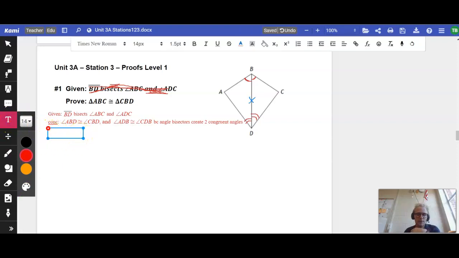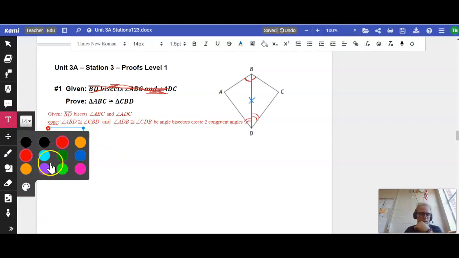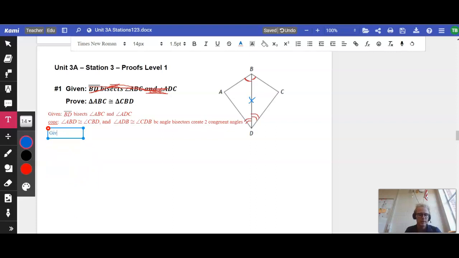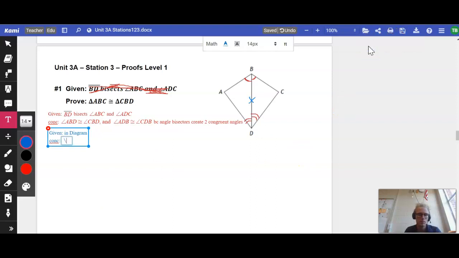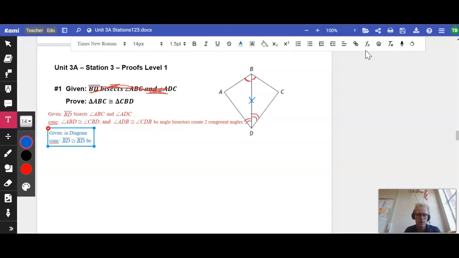So, I have that given in diagram. Conclusion is that BD is congruent to that because of the reflexive property.